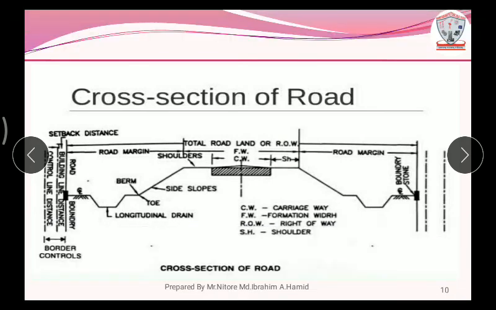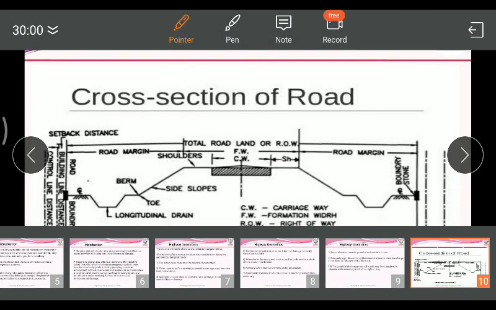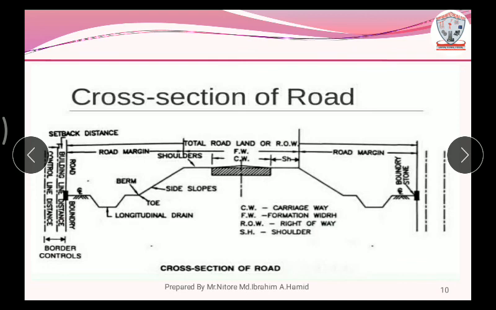The shoulder is the portion of the roadway between the outer edge of the carriageway and the edge of the top surface of the embankment or inner edges of the side drains in cutting of the road. This is shoulder, this is also a shoulder.